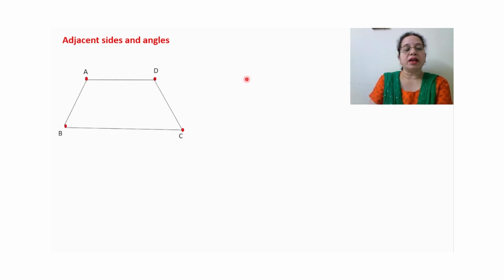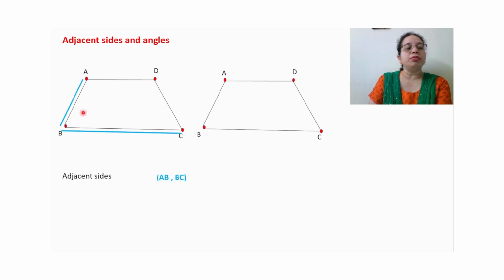Adjacent sides and angles. Here I am using two figures simultaneously; you can see the parts. The first one is adjacent sides. If I talk about AB, then AB and BC are adjacent sides, nearby sides. BC and CD are adjacent sides.